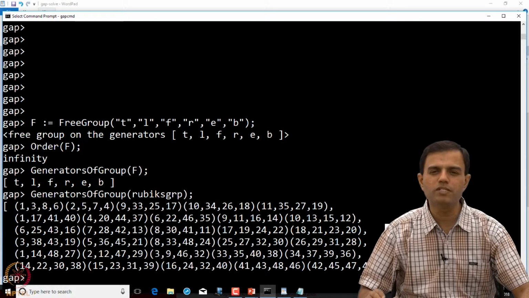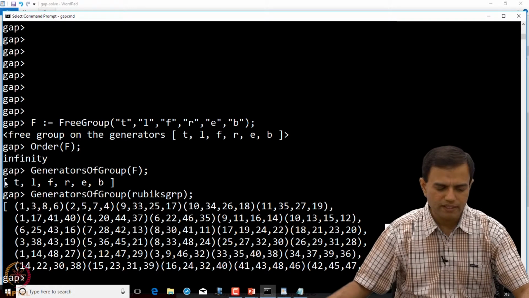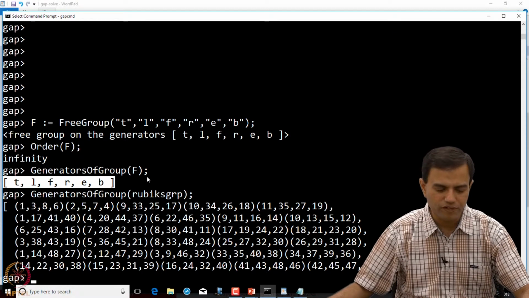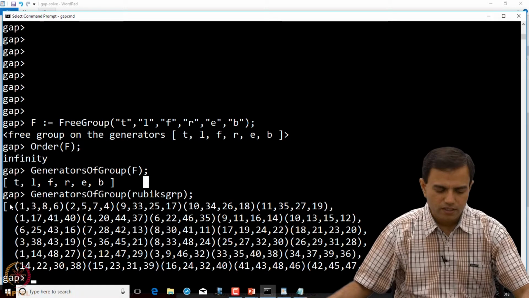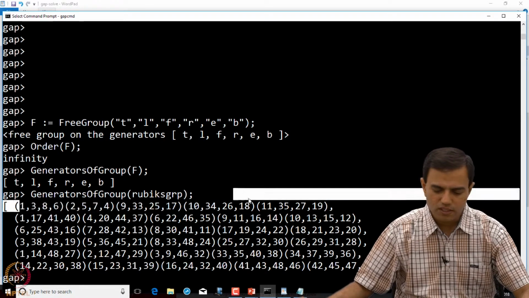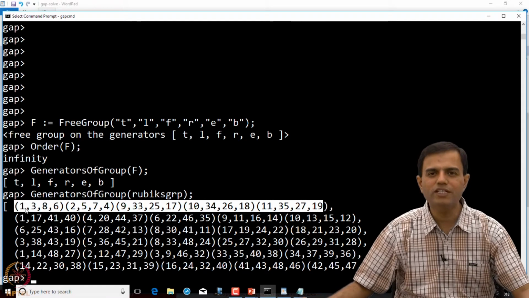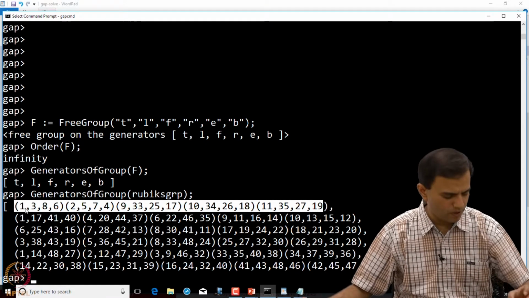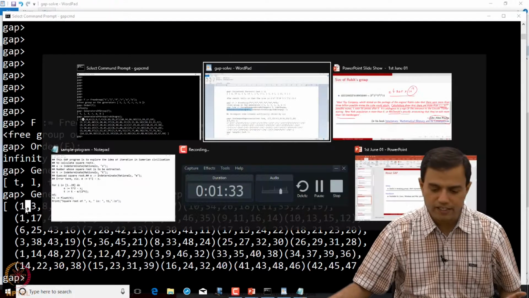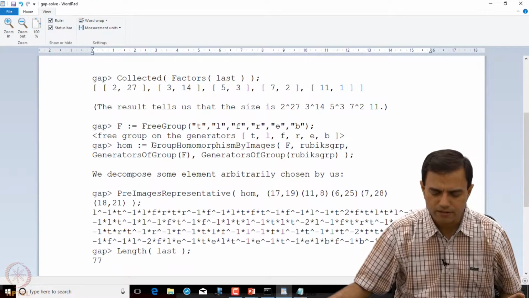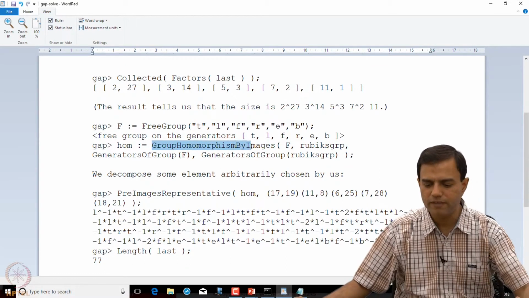A homomorphism is supposed to preserve relations, but there are no relations here, so there is not much to worry about. If T goes to this, then T squared will go to the square of this. In that fashion I am going to have my homomorphism, and I can define it in GAP using this command, group homomorphism by images.